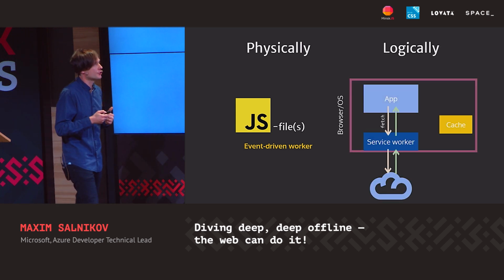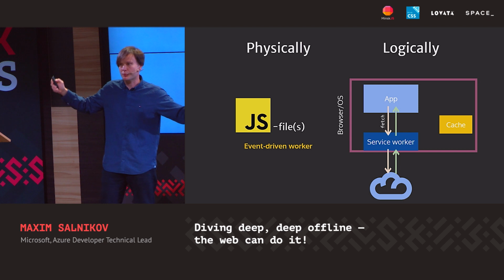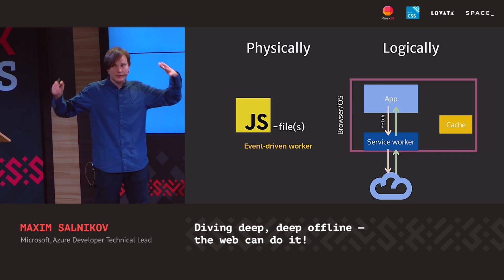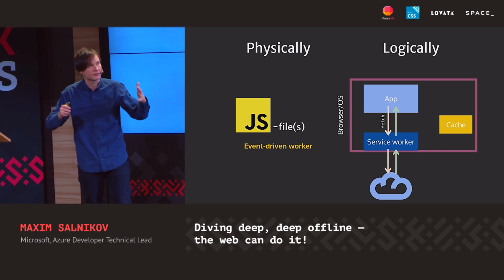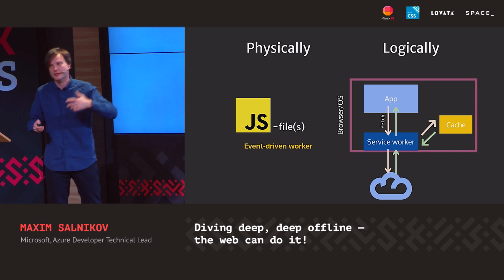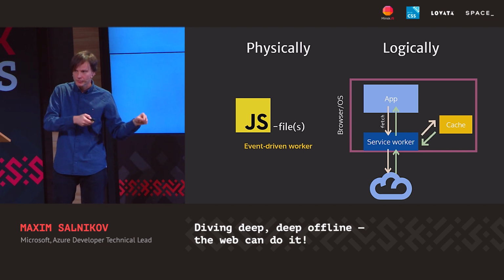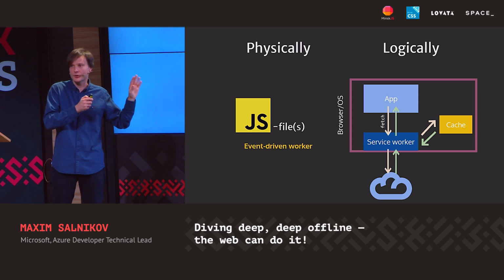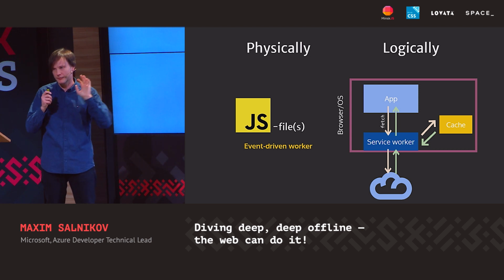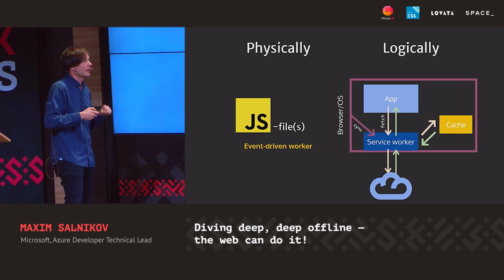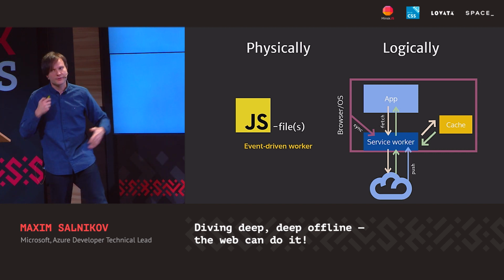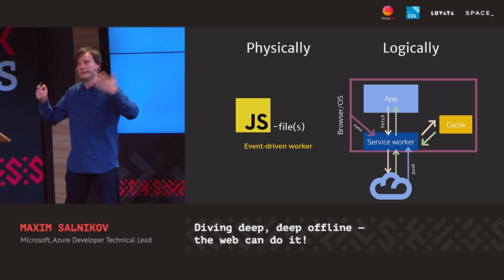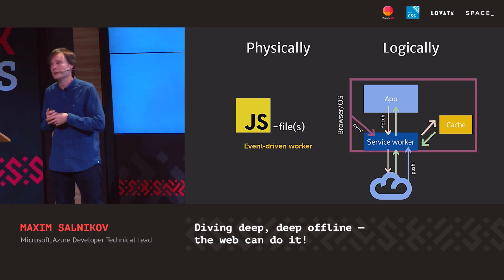And architecture-wise, it's a programmable proxy between our application, the browser, and the rest of the world, which is able to cache something. We are not talking here about the HTTP cache, but a very special type of cache storage, and to receive a variety of events, both from the operating system itself and even from the web via push notifications.